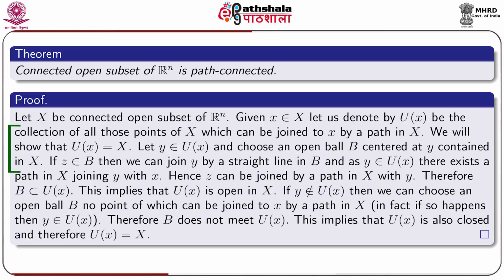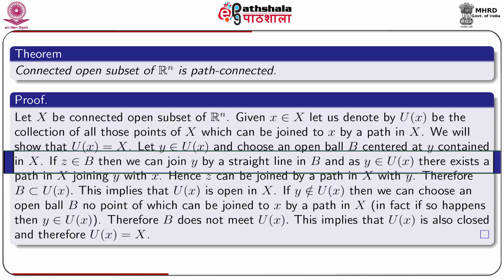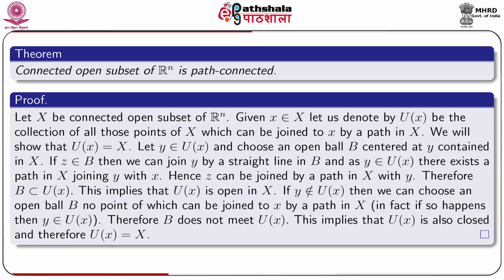So, let y belong to U_x and choose an open ball B centered at y contained in X. Now, if z belongs to B, then we can join y to z by a straight line in B, and as y belongs to U_x, there exists a path in X joining y with x.